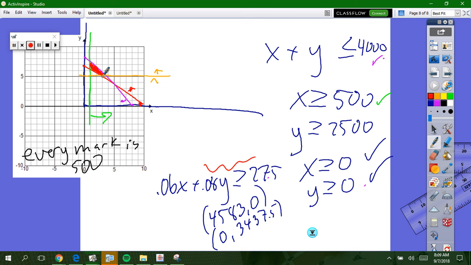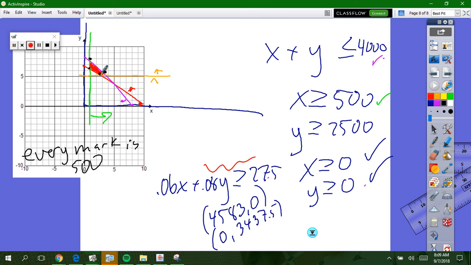Now, I don't really think we need to get into this so much, but you have these points, these barriers. You see how we have this intersection point, that intersection point, and that intersection point? We should be able to find those.